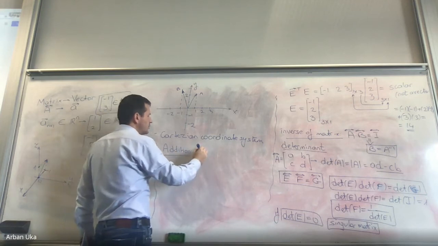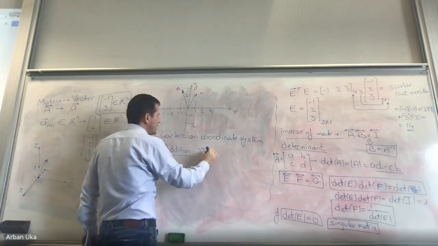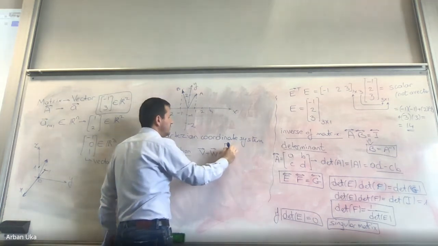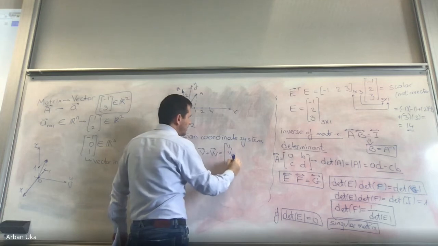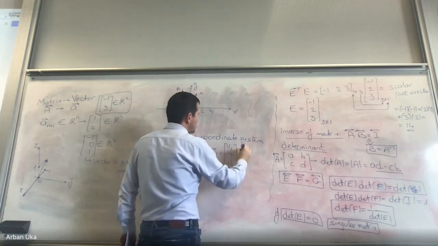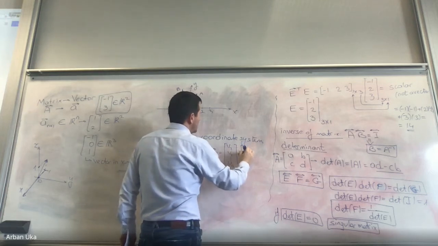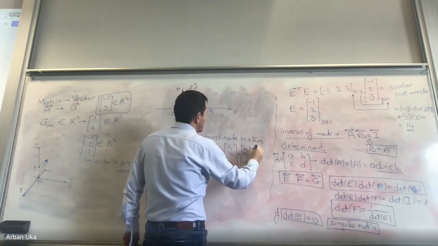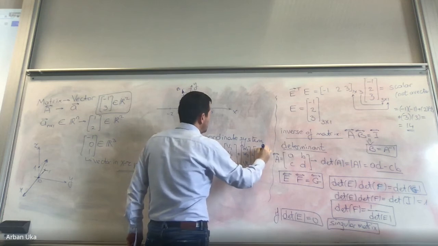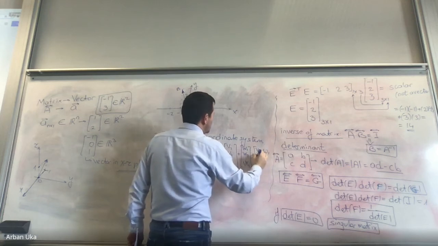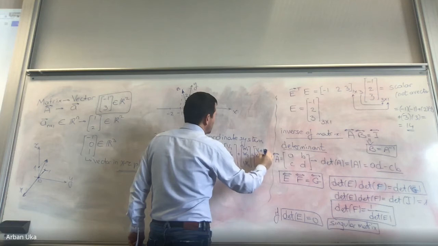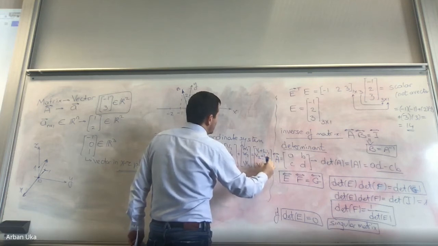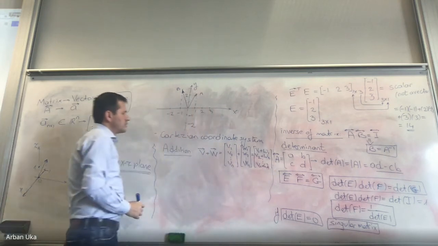The addition of two vectors v plus w is such that (v1, v2, ..., vn) plus (w1, w2, ..., wn) is equal to (v1 plus w1, v2 plus w2, ..., vn plus wn).